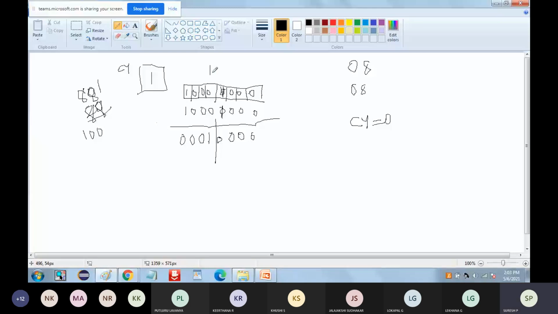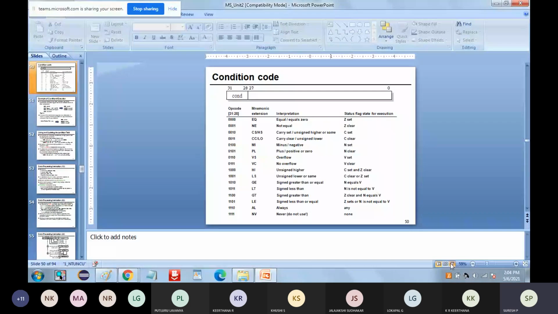If you are doing the 16-bit operation and the carry is generating in the 16th bit, then your carry flag will be set. If you are doing the 32-bit operation and the carry is generating in the 32nd bit, then the carry flag will be set to 1.